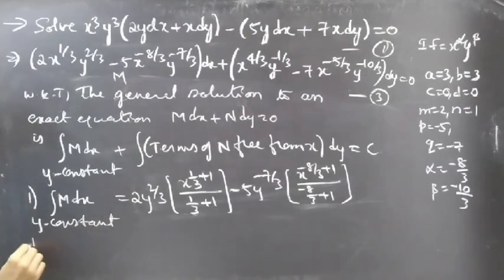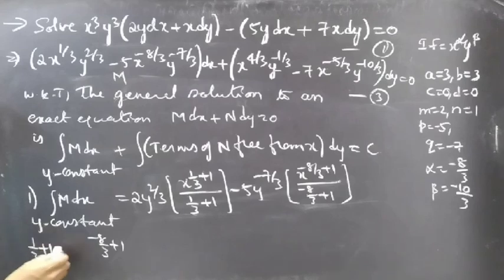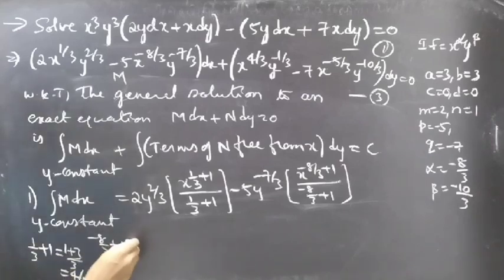Let's simplify 1 by 3 plus 1 and minus 8 by 3 plus 1. This gives us 1 plus 3 by 3, that is 4 by 3. And minus 8 by 3 plus 1 gives minus 8 plus 3 by 3, which gives us minus 5 by 3.